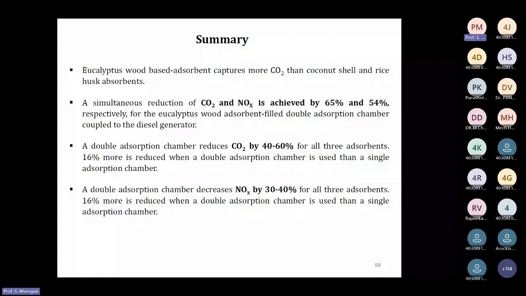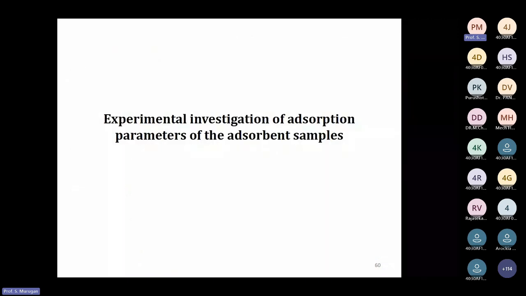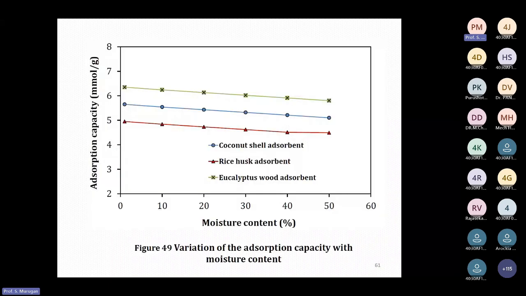And of course, we also studied the absorption parameters of the absorbent samples, like coconut shell activated carbon, eucalyptus activated carbon, and rice husk activated carbon. All these samples were studied for their absorption capacities or absorption parameters.